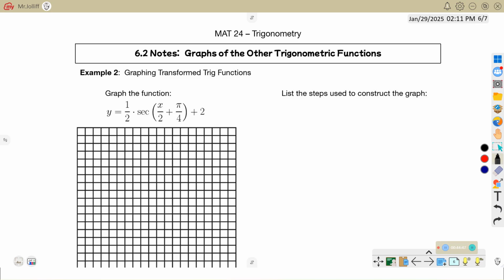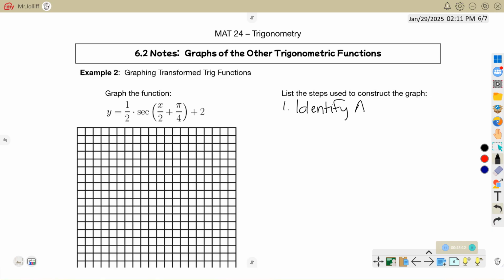So let's graph the function. Graph the function 1/2 secant of x over 2 plus pi over 4, plus 2. And we want to list the steps we're using to construct the graph. What's the very first thing we do? We identify the shifts, right?